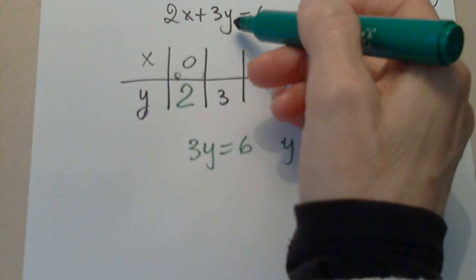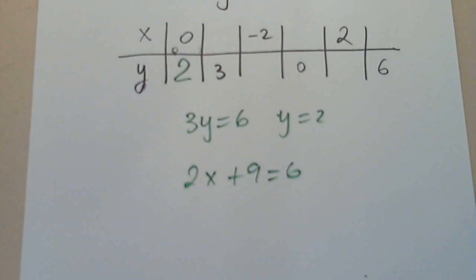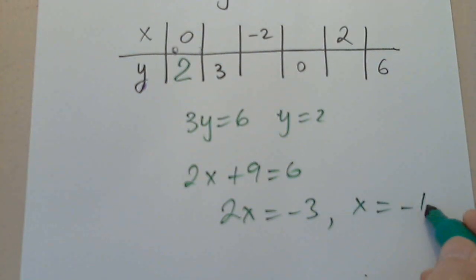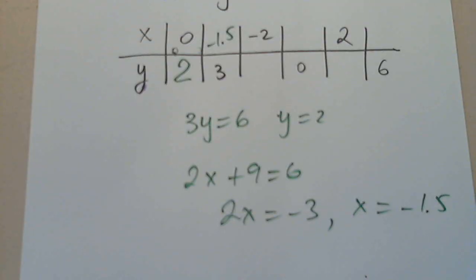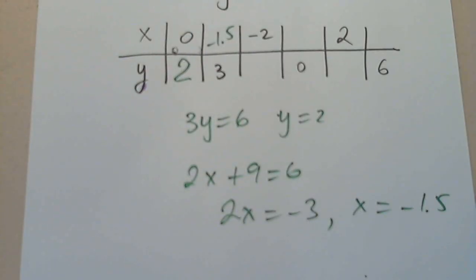So I plug in 3. So I have 2x plus 9 equals 6, or 2x equals -3, or x equals -1.5. So now please plug in -2 for x and determine y, and then 0 for y and determine x, and fill out the rest. One minute, please.